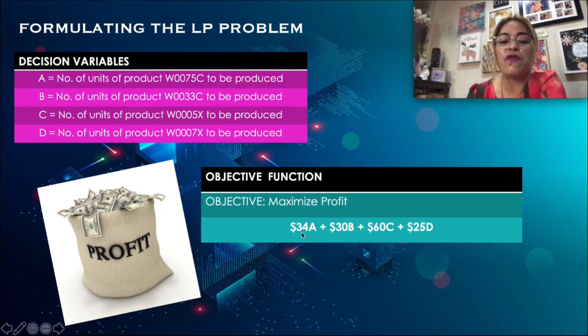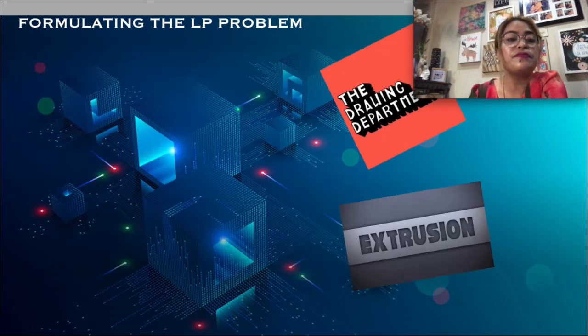Again, $34 A plus $30 B plus $60 C plus $25 D. That's the mathematical expression of the objective. We call it the objective function.